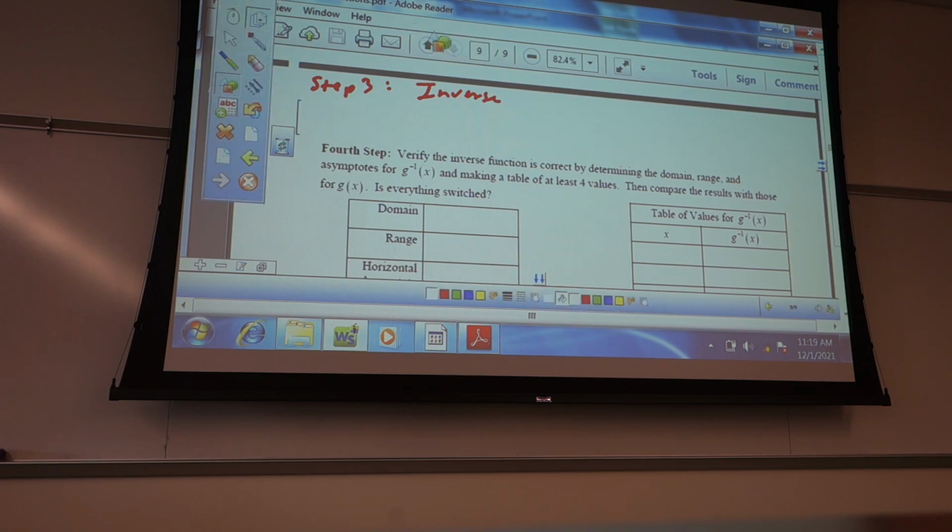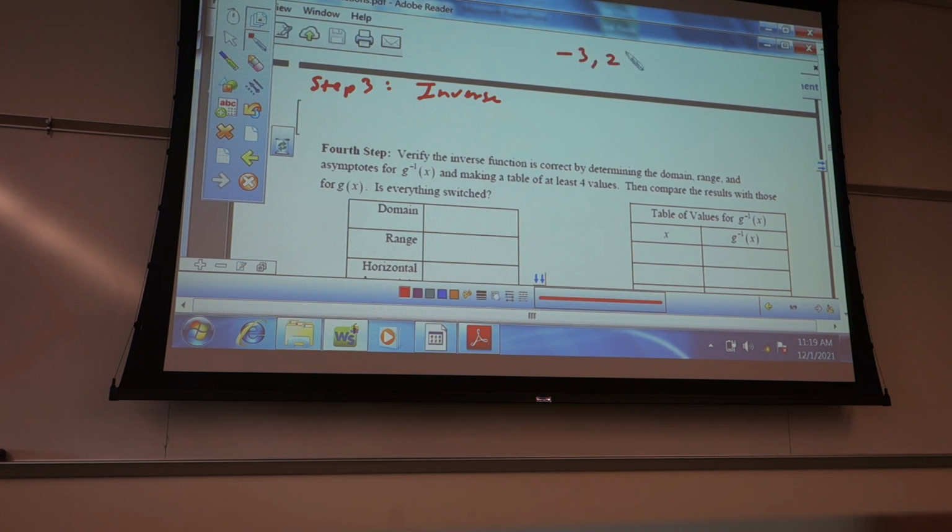So my original function's center was at -3, 2. The inverse center will be 2, -3. Okay, the x and y swap. So how has that been shifted? Right 2. And then what? Down 3.